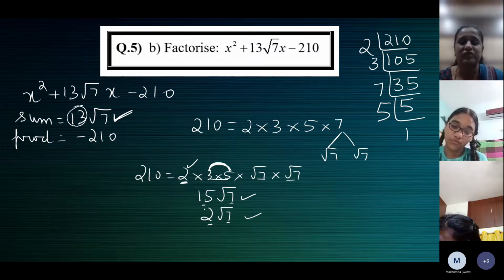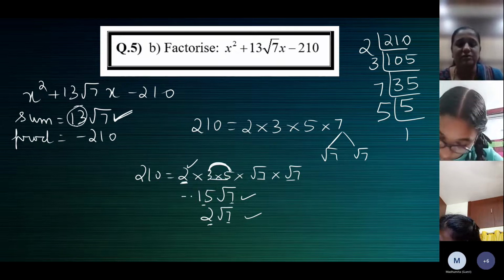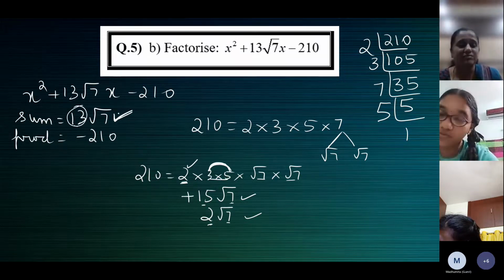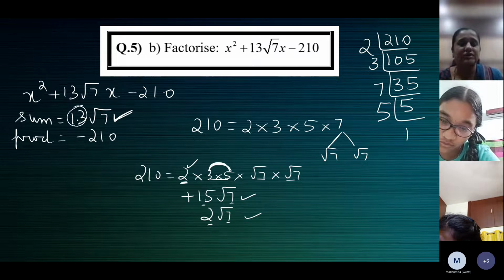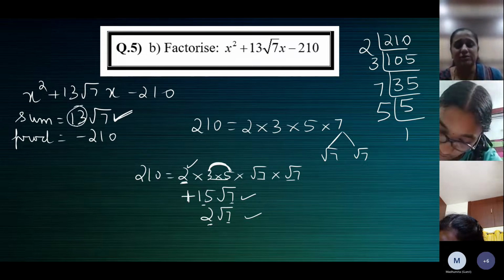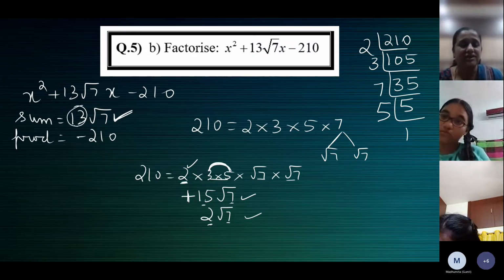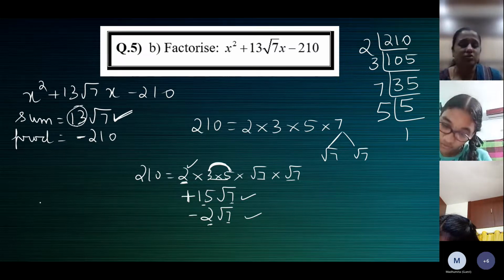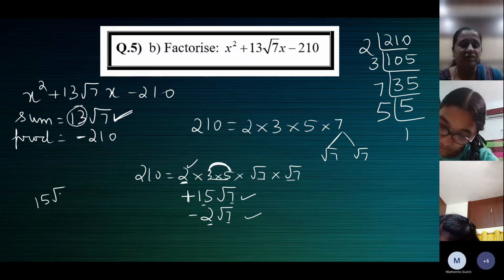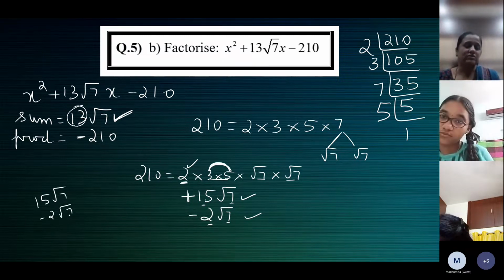Now the next step is to fix the signs. The sum is positive, a positive 13 root 7. So the greater number must be positive. But the product is negative, so this one should be minus. So the two numbers are 15 root 7 and minus 2 root 7.